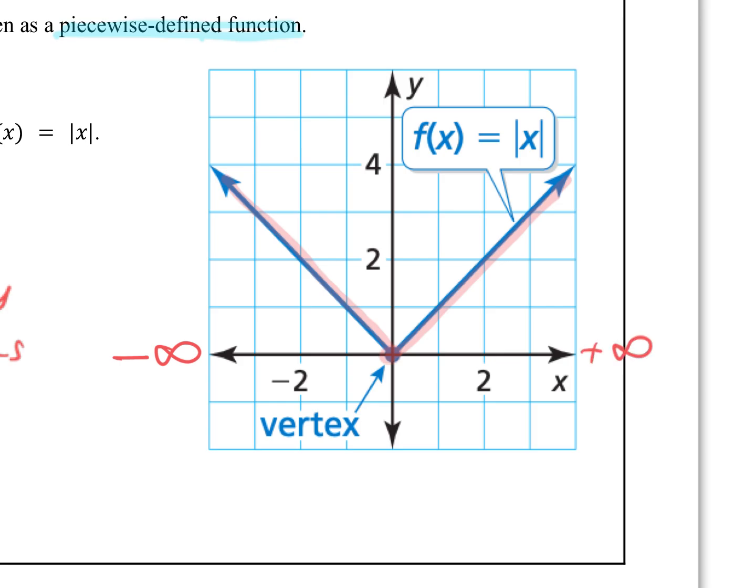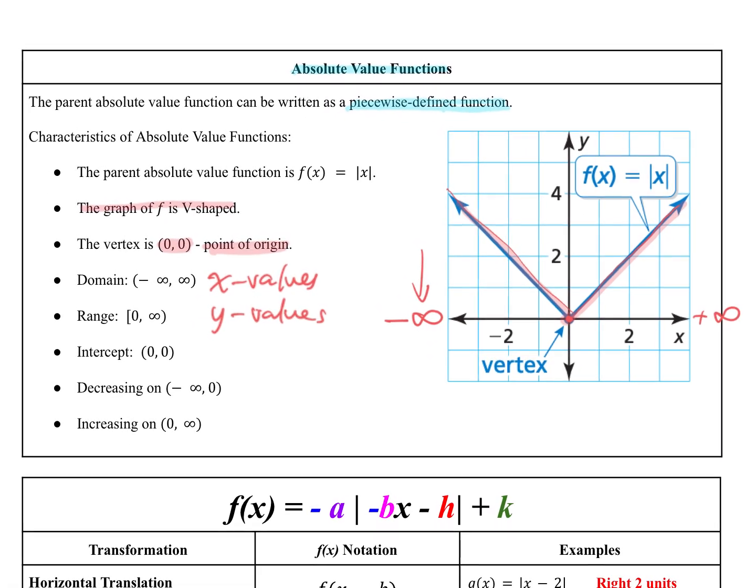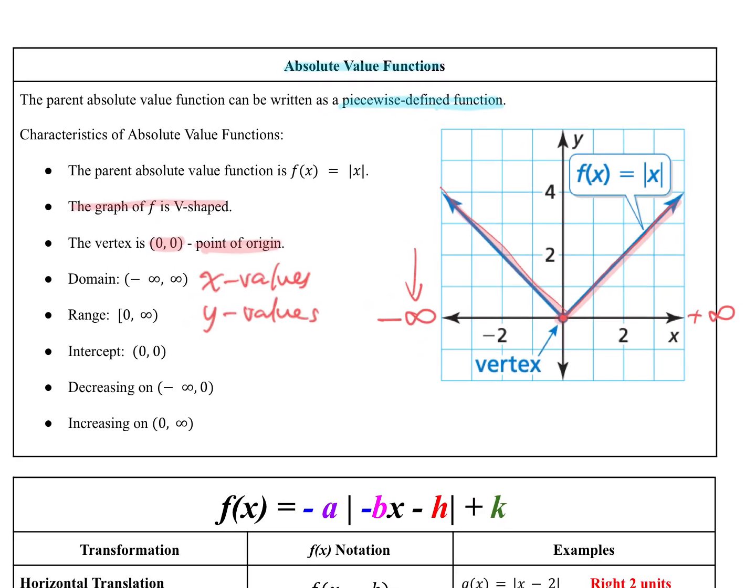If you look at your V-shaped graph, it's coming from this side, which is your negative infinity, and it's going to stop at the middle part, the point of origin, and from the point of origin it starts going up again, going to positive infinity. So that's what it means when you understand the domain of your function.